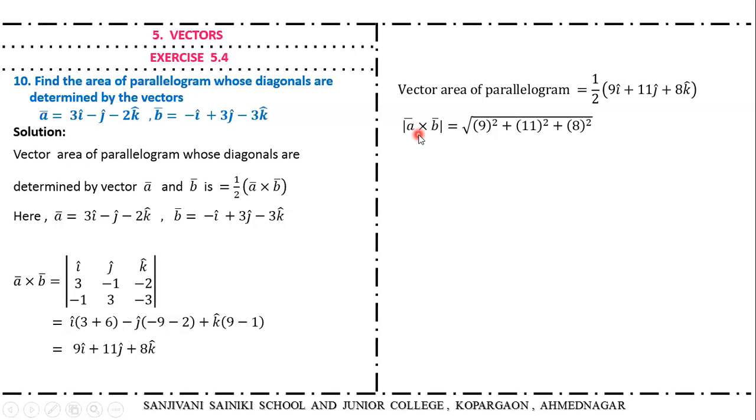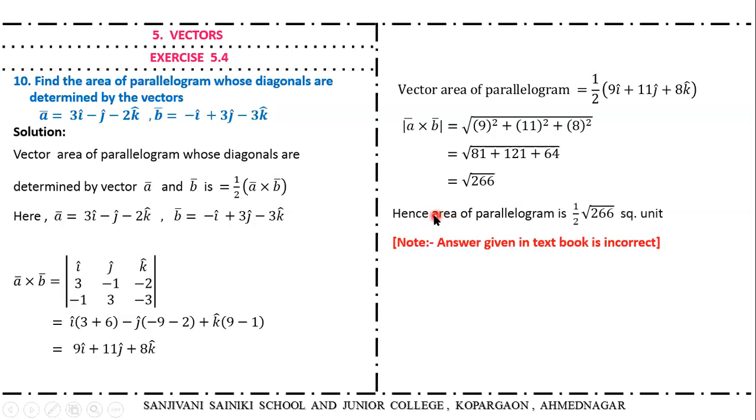The magnitude of A bar cross B bar is the square root of 9 square plus 11 square plus 8 square, which is root 266. Hence, the area of the parallelogram is 1/2 root 266 square units. So the answer given in the textbook is incorrect.